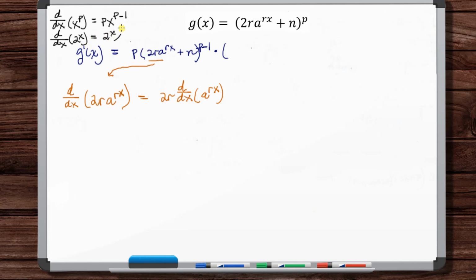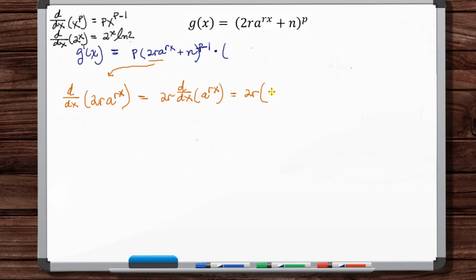That's 2 to the x natural log of 2, right? Because if this was e to the x, natural log of e is 1. But it's a little trickier because we have a to the rx, so we have to use the chain rule, right? So this is 2r. Now the derivative of a is like the 2. a is just a constant.